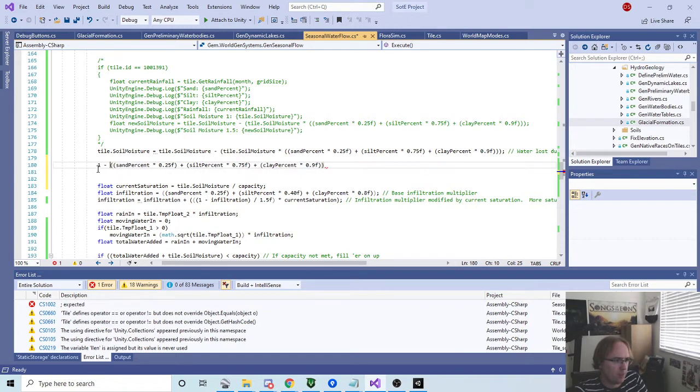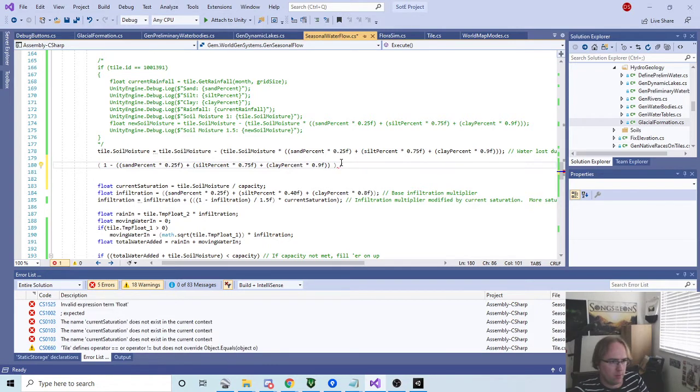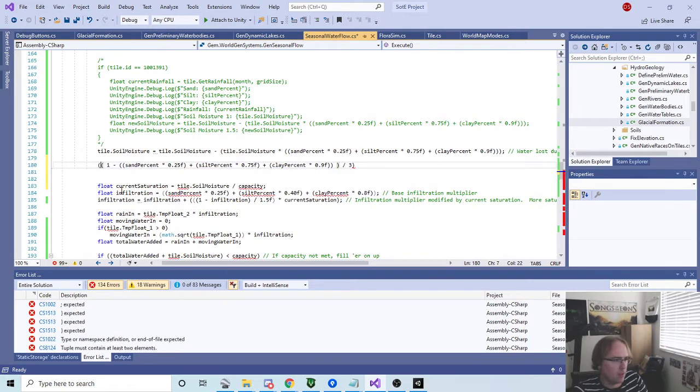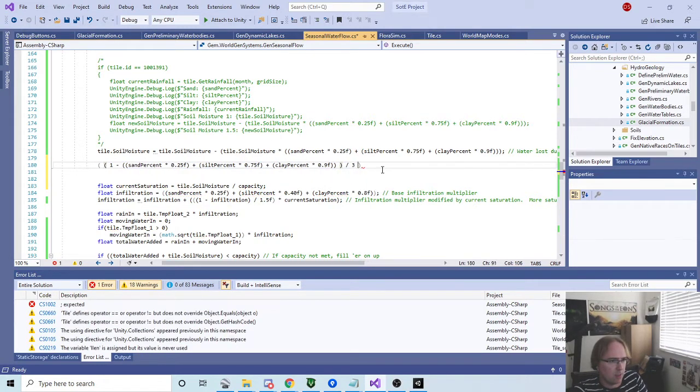Now let's get the difference. Cut it down substantially because we don't have enough parentheses. This value, and we apply this value to soil moisture.